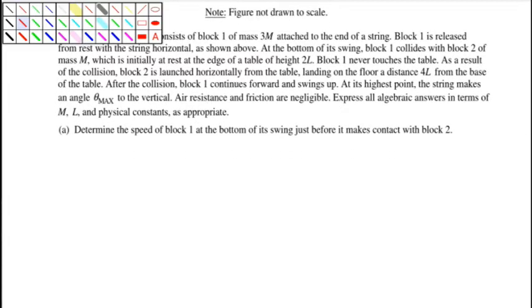So we know that the change in potential energy is going to be equal to the change in kinetic energy. And the change in potential energy is just m times g times L, where L is the length of the string, and that's going to be equal to 1/2 mv squared.